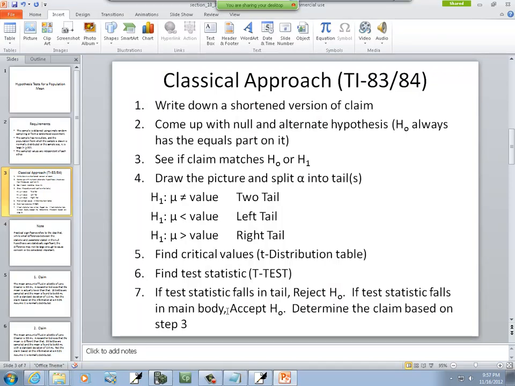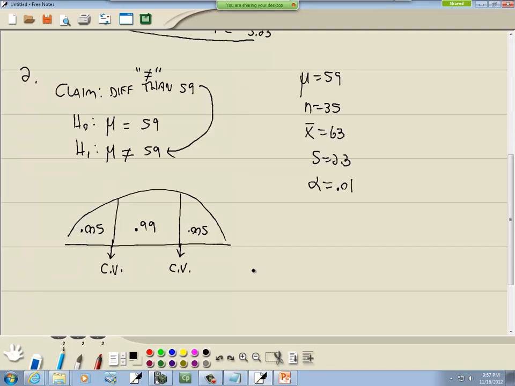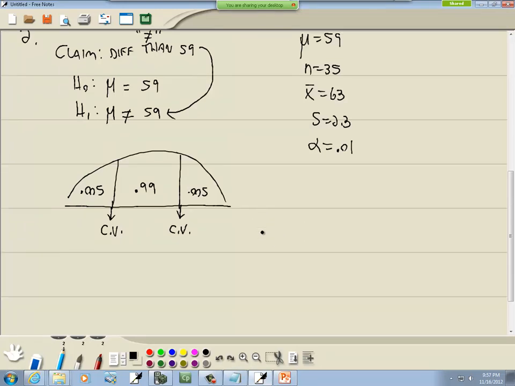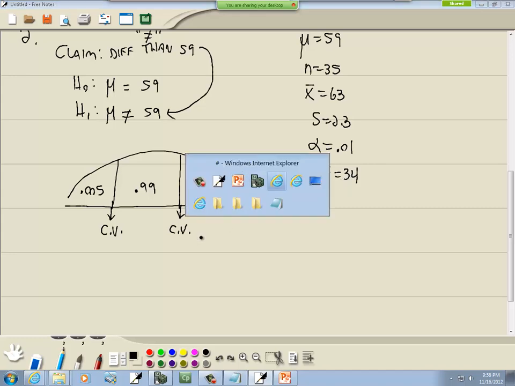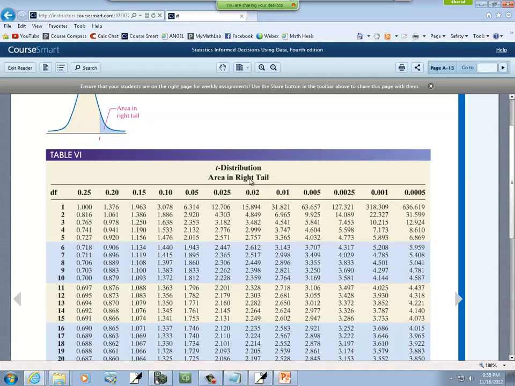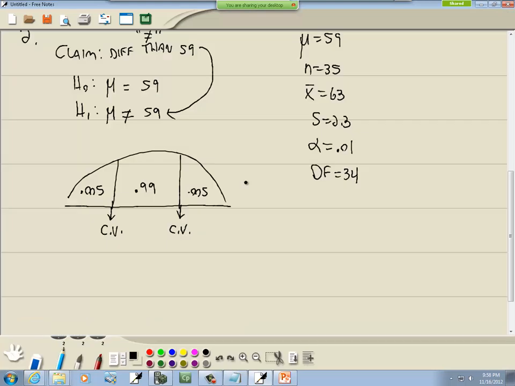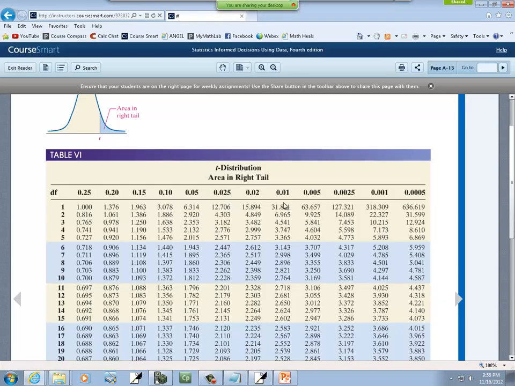Step 5. Find our critical values. Use the t-distribution table. Remember, we need our degrees of freedom, which is 1 less than n, so it would be 34. And let's go look it up. Okay. Area in a right tail. Remember, that should be area in one tail. Well, area in one tail is 0.005. So we're looking in this column, and we're looking for degrees of freedom of 34.